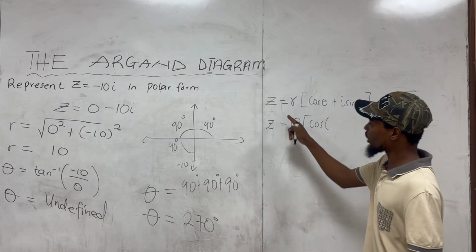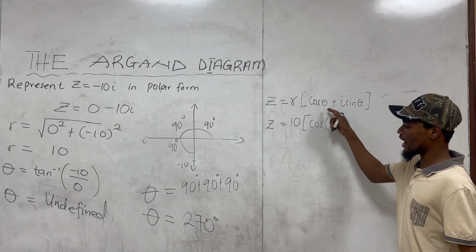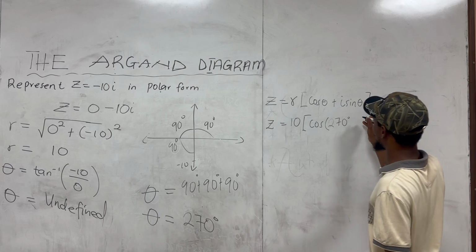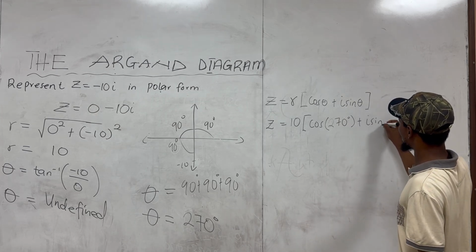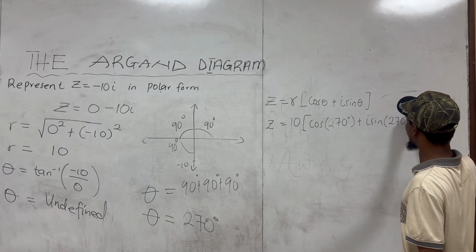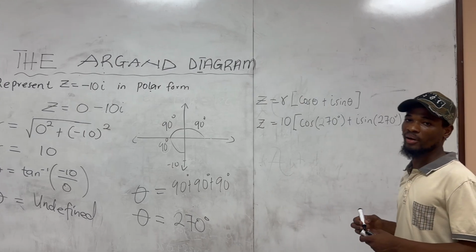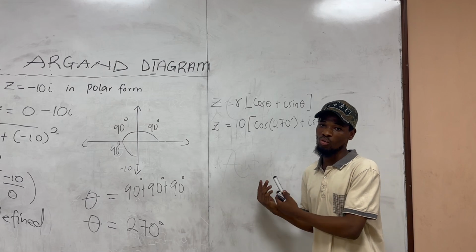So in polar form, 10 multiplying cos of the angle, which is 270 degrees, plus i sine 270 degrees. Viewers, this is the end of this simple question.